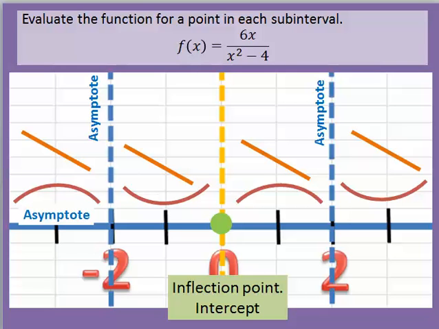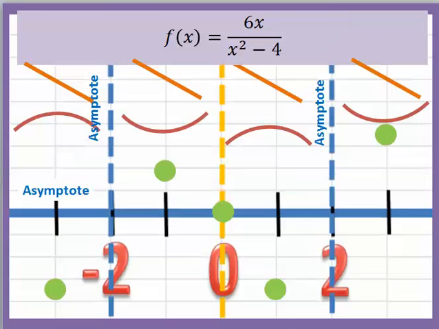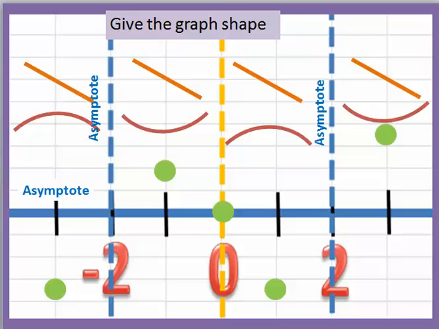And then what I'm going to do is for each subinterval, I'm going to evaluate the function at some point in that subinterval. You can do it for more. I'm just going to do it for one though. And these green dots are locations on my graph. Okay, so for each subinterval, I have points.